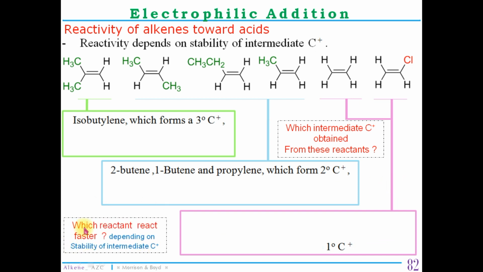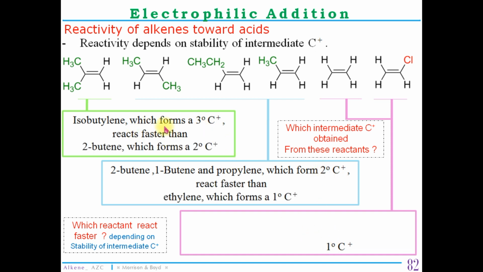Second thing, which reactant reacts faster depends on the stability of the intermediate carbocation. As we know, tertiary carbocation is the most stable, then secondary and then primary.